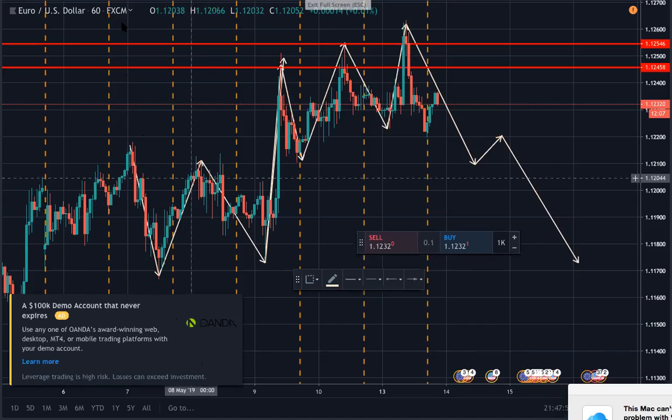All right, so yeah, the key to it is to get in right here. So if you know that this line is a line of resistance, you can even say that was a line of resistance because of that long wick that happened. It rejected up here and came back down. That was more likely the news. That was probably actually a news candle.